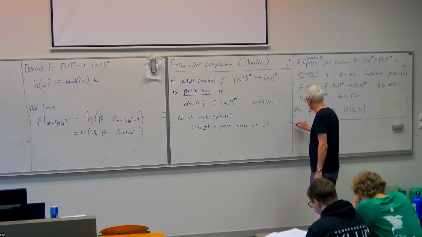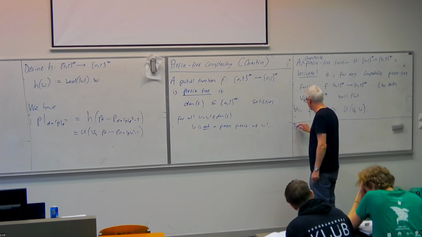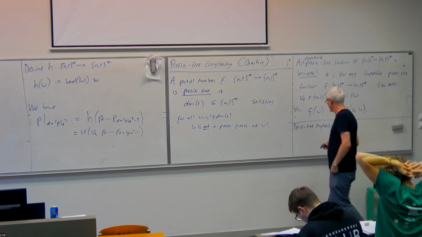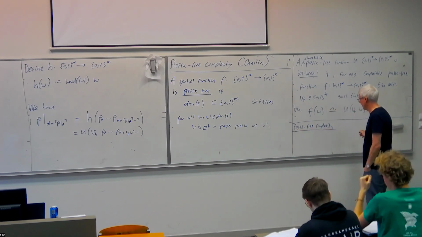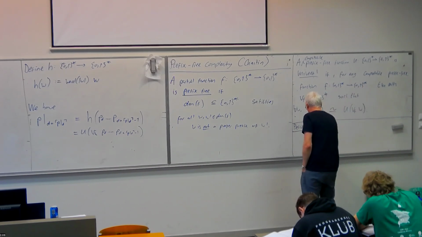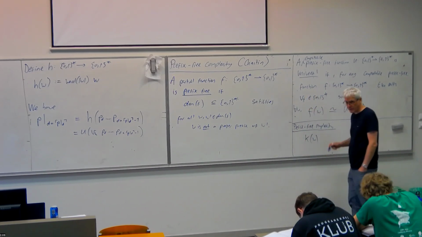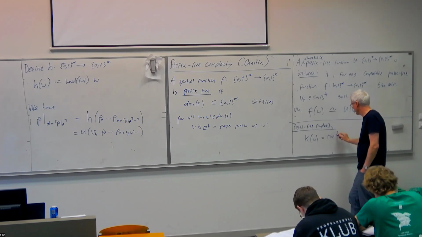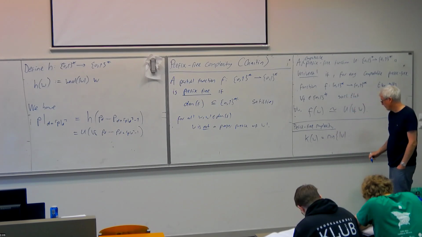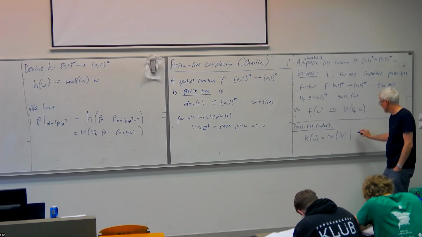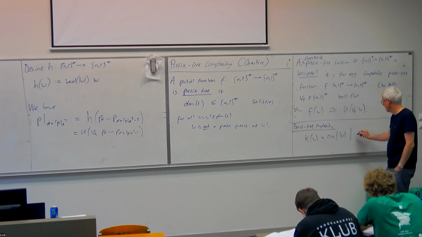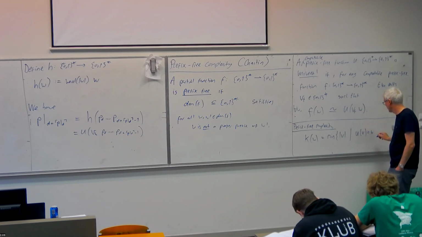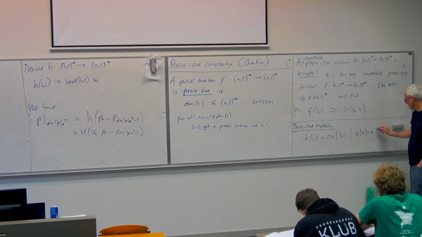The prefix-free complexity of a word w, called K of w, is simply the same as before: the minimum length of the v such that u of v equals w, where u is a universal prefix-free function.